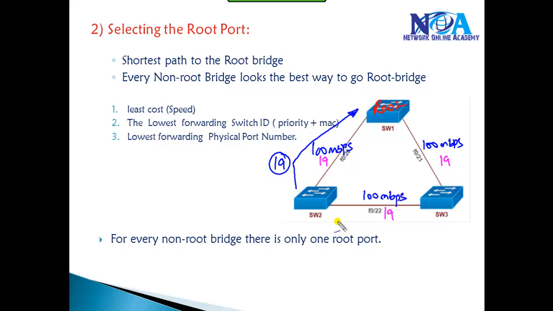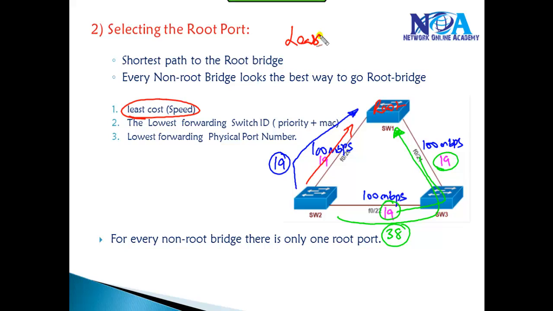And if I go from the other route, the green one, the total cost is going to be 38, because 19 plus 19 is 38. So there are two possible routes to reach the root bridge. Out of these two possible routes, one is 19 and the other one is 38. Whichever route has the least cost, remember, least is always preferred in spanning tree. The least cost will be considered the best route.